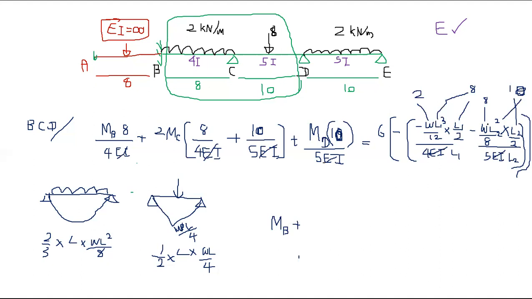And this is the point load, that would be capital W, something like that. This is simple W, so that's a UDL, right? So when you're working with symbols, be very careful. So you will get an equation like this for MC plus MD is equal to 62. Okay, this is your second equation.